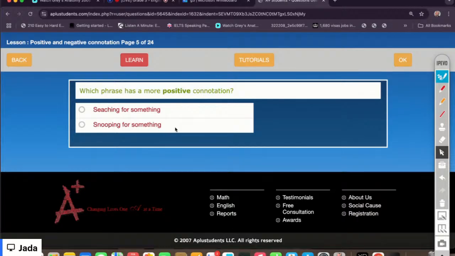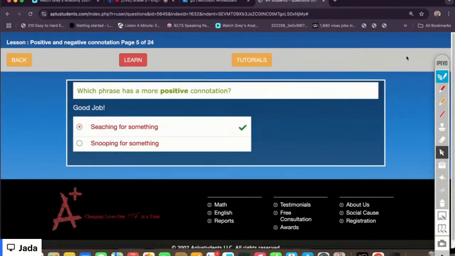So we have searching. So searching for something is positive.